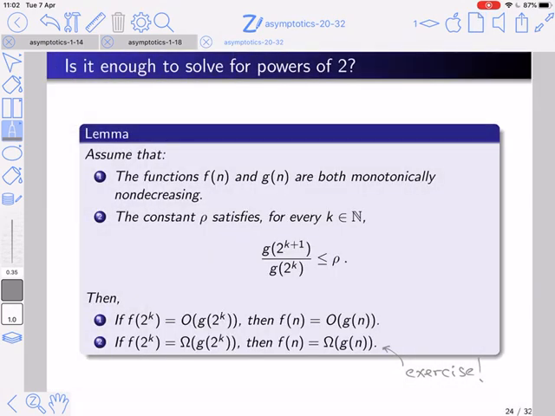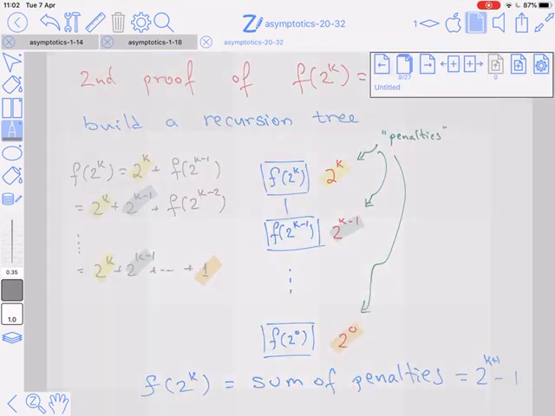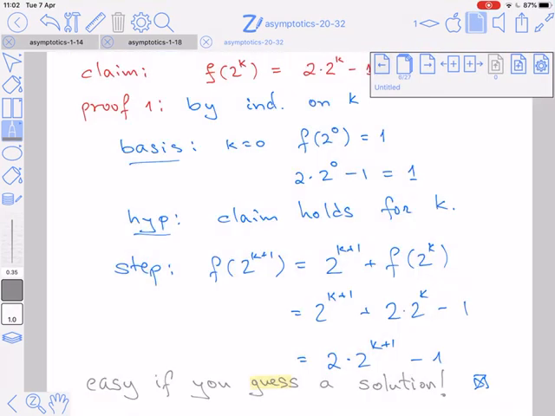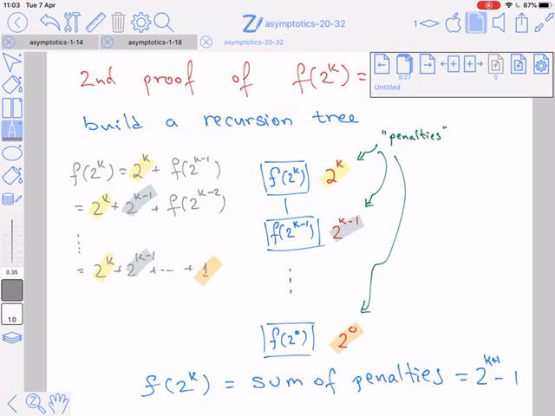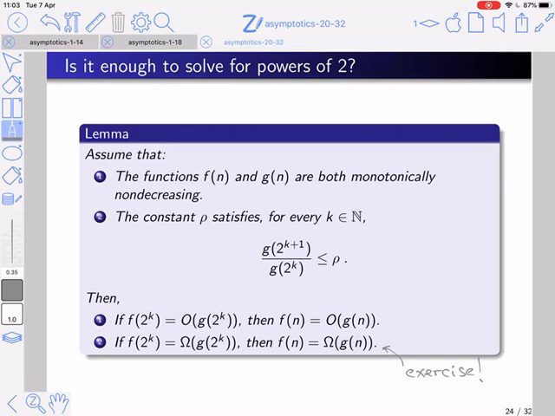Okay, so now I need to address the second question, right? So we have shown that for powers of 2, f of n is 2n minus 1, which is big theta of n. But what happens when n is not a power of 2? For this, we apply the following lemma.